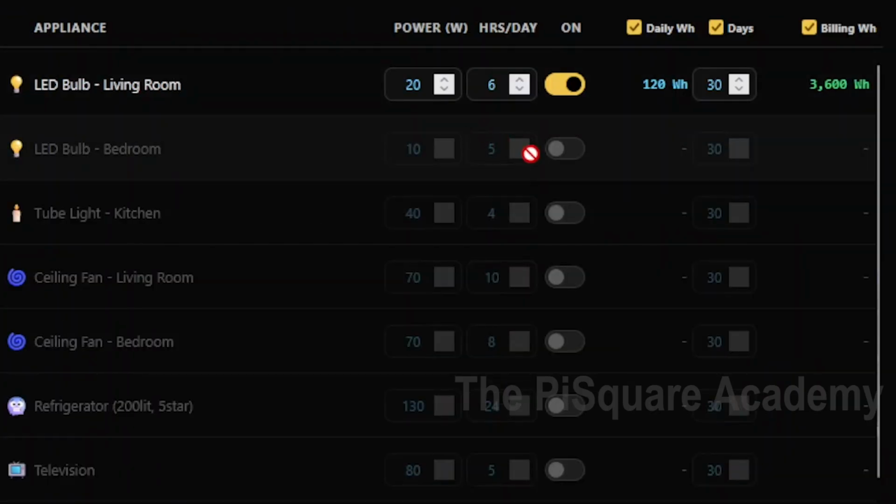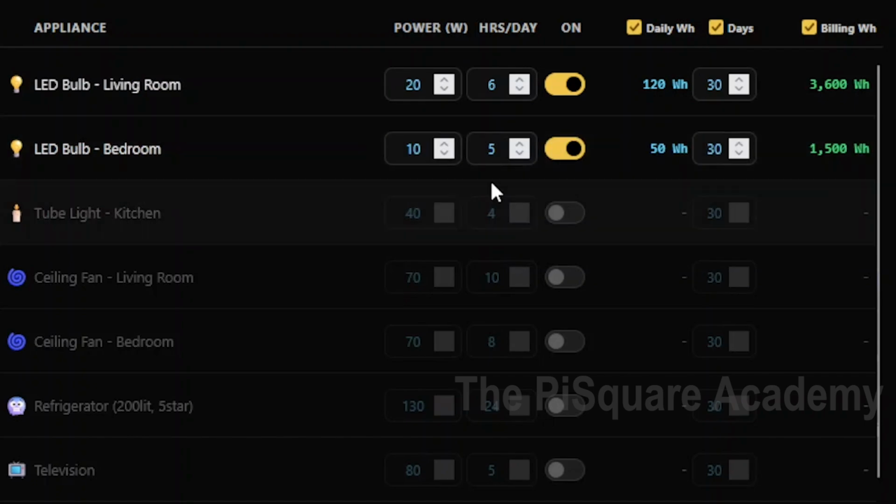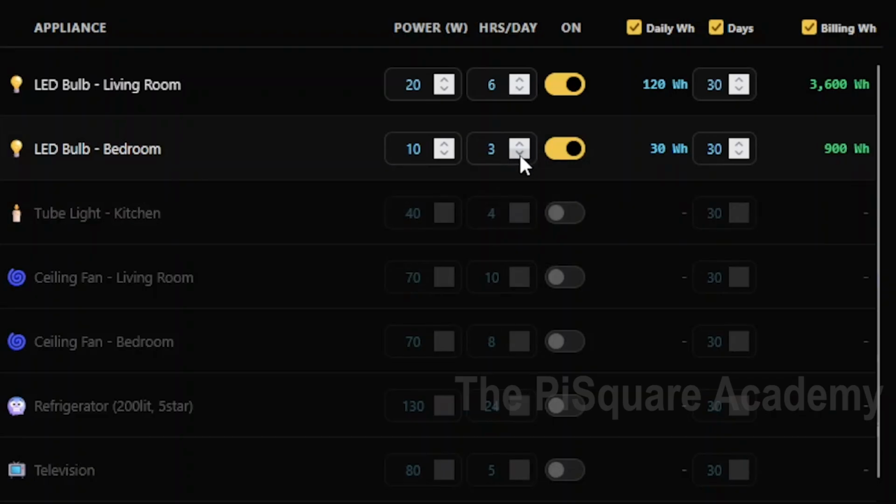So you'll keep doing all of these one by one. Suppose in the bedroom, for 2 hours or maybe 1.5 hours in one day, I'm using a 10 watt bulb.